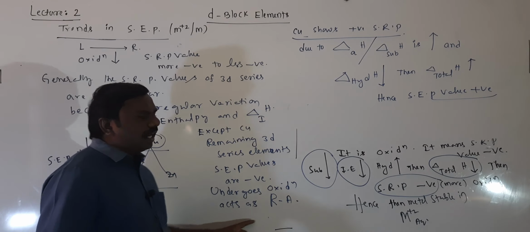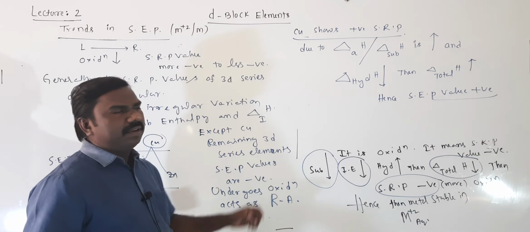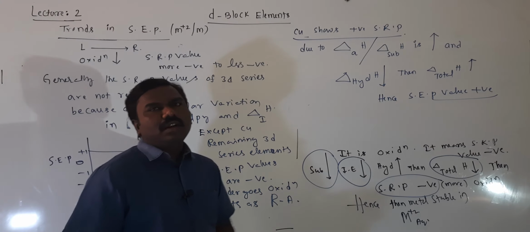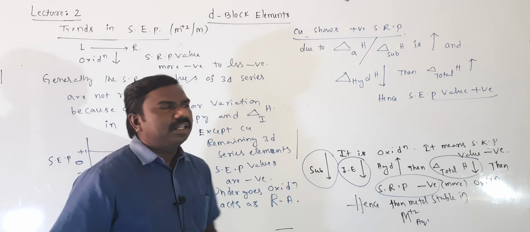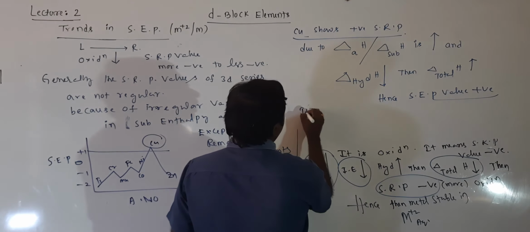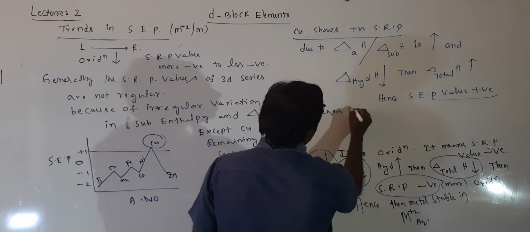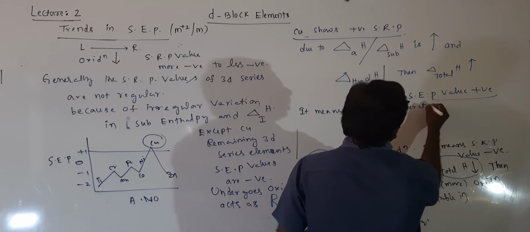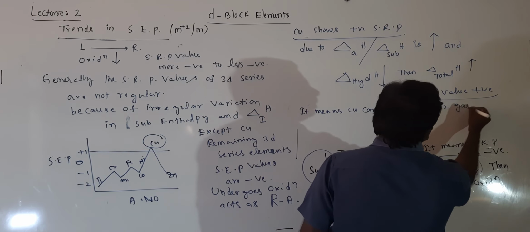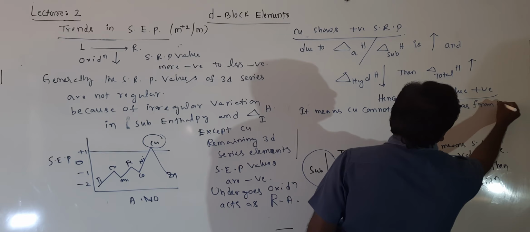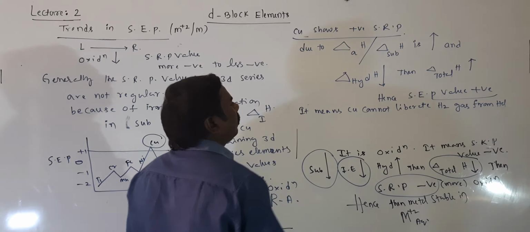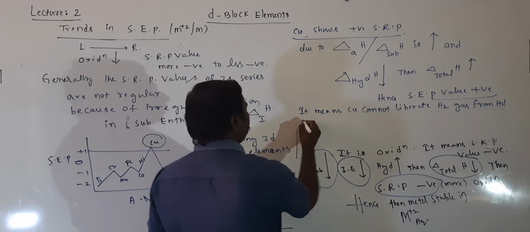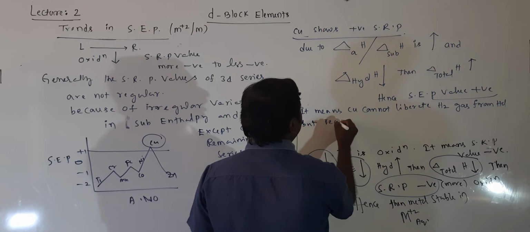So the remaining elements act as reducing agents because of negative SRP. Copper cannot act as a reducing agent. It means copper cannot liberate hydrogen gas from HCl, but the remaining elements can.